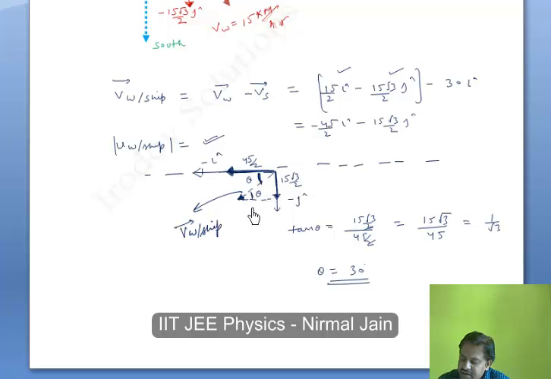So in this triangle, this will be 45 by 2, and tan theta can easily be found as 15 root 3 by 2 upon 45 by 2. The 2 gets cancelled, giving 15 root 3 by 45, which is 1 by root 3, so theta is equal to 30 degrees. So this is the angle between the equator and the velocity of wind with respect to ship.